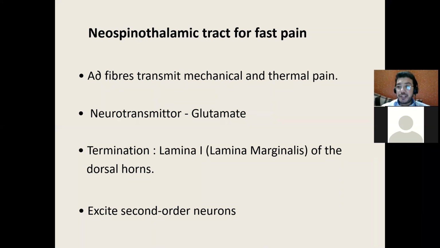I have already mentioned in the earlier slides that there are two fibers which carry pain, A delta and C. Among A delta and C, it is the A delta which carries the fast pain, because A delta is a myelinated thin fiber which transmits mechanical or thermal pain. And the neurotransmitter is glutamic acid, glutamate, and it terminates in lamina 1.